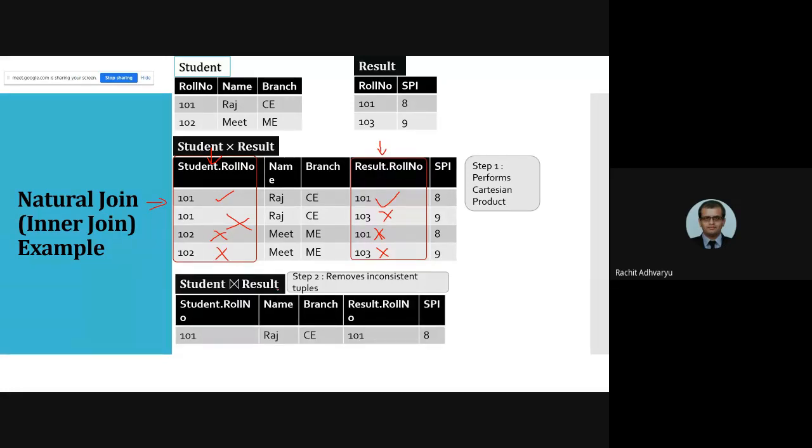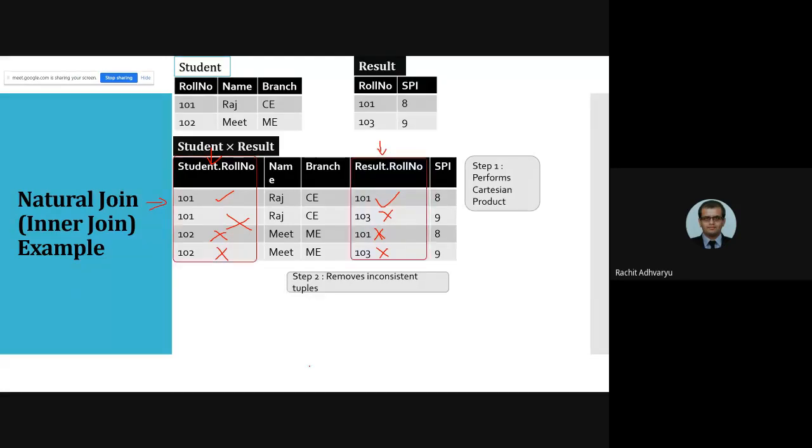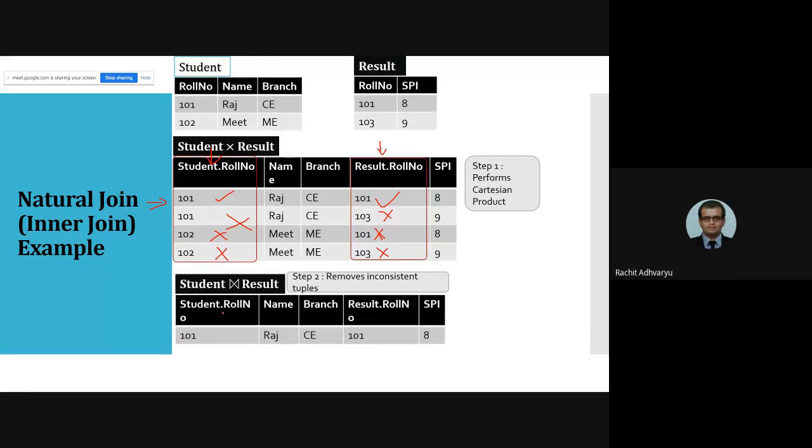Now in the third step, we can see that there is a roll number column 101, and there is again one roll number column 101, and the data of both the columns are the same. So in step number 3, we can remove the duplicated data. We will remove either of the columns from the table.